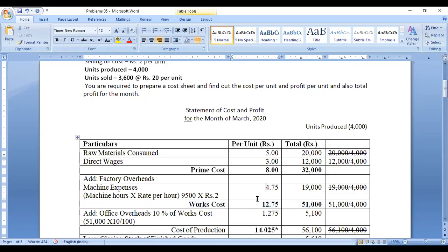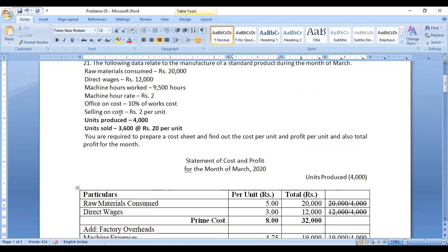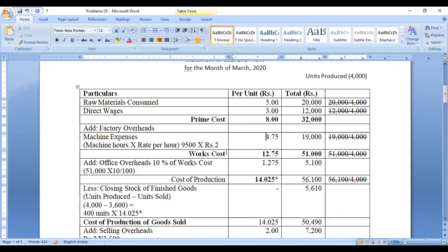Then after this you have to go with the office overheads. That amount is not given directly. It means 10% of the above value, 10% of works cost. Works cost is already calculated.